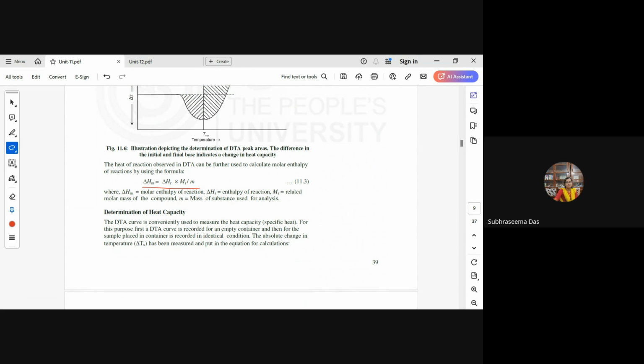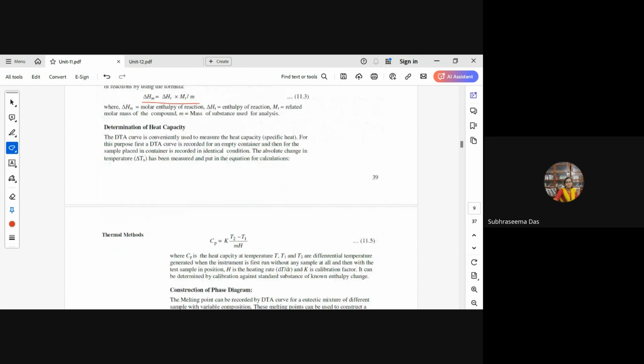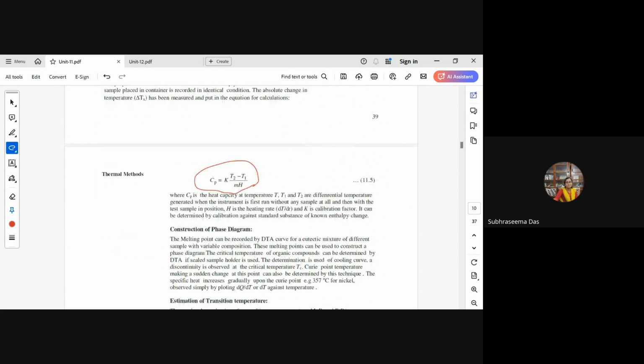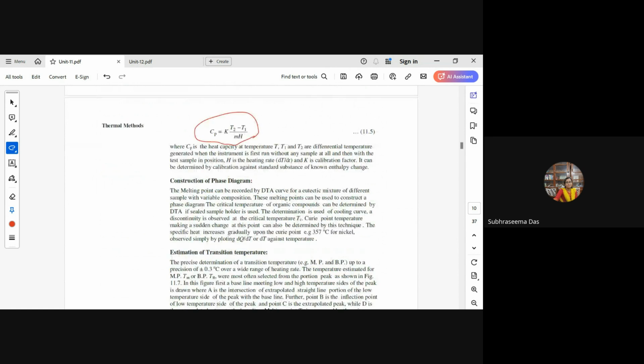The absolute change in temperature is measured from the following equation, that is Cp is equal to K into T2 minus T1 by m into H, where Cp represents the heat capacity, T1 and T2 are two different temperatures, T1 generated when the instrument is run without any sample, and T2 generated when the sample is taken inside the instrument. H is the heating rate and K is the calibration factor. It can be determined by calibration against a standard substance of known enthalpy change.